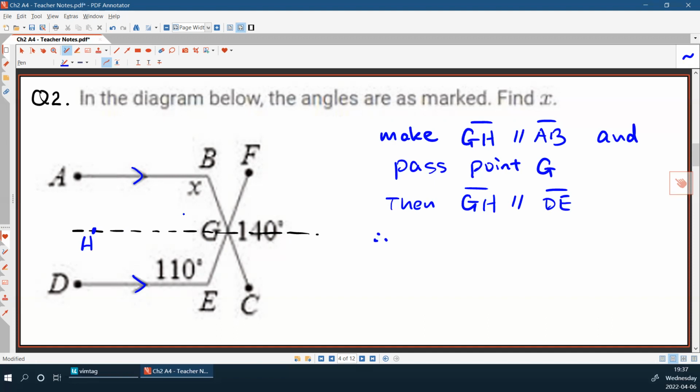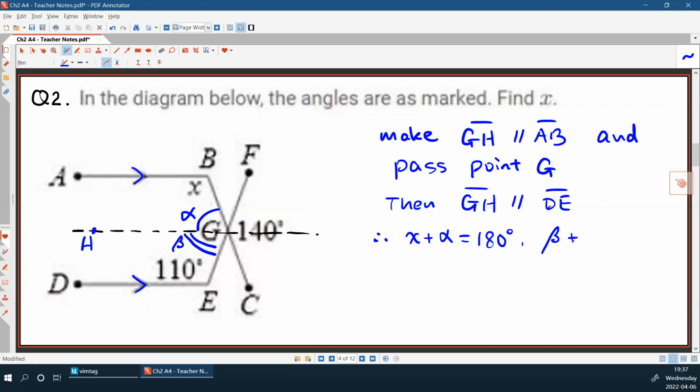Let's call this angle alpha and this angle here beta. We know x plus alpha equals 180 degrees because they are same side interior angles, right? If there are two parallel lines, then the sum of the same side interior angles is 180 degrees.